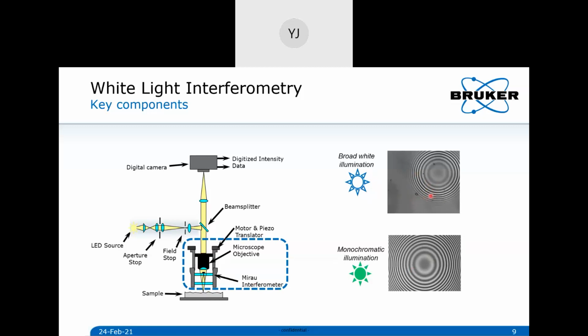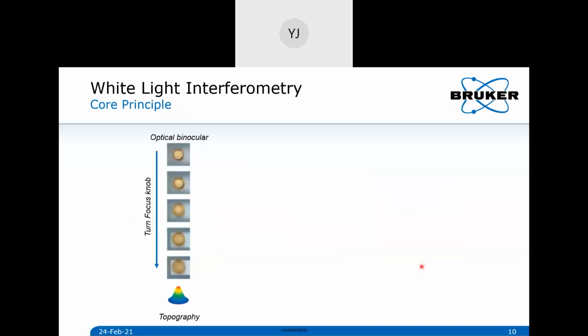From this interference pattern, we can calculate the topography. It's like the contour maps you would see in an atlas. As long as you stay on the same contour line, you're not changing your altitude. If you change from one contour to another, you're changing the altitude. This is how the algorithm reads this kind of interference pattern, and you can get very good data.